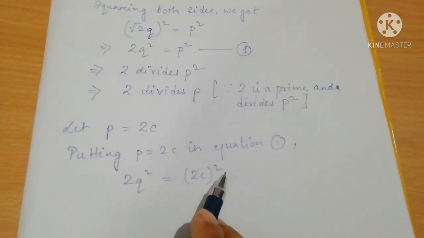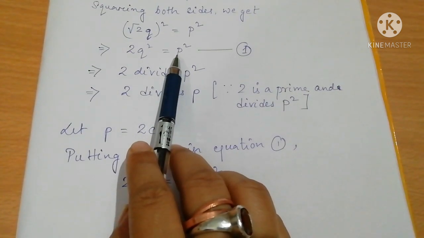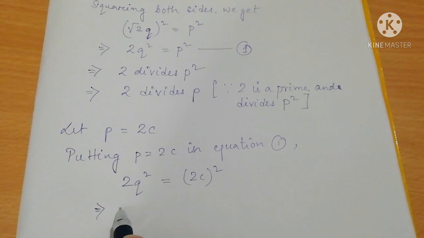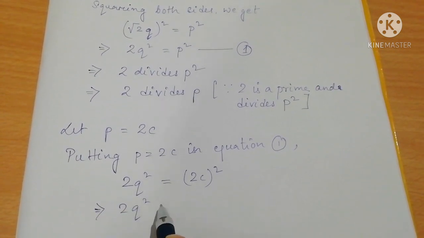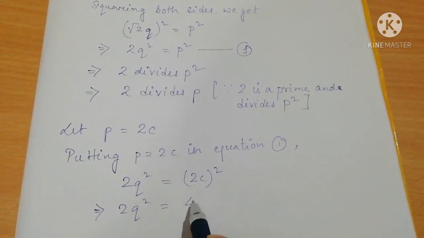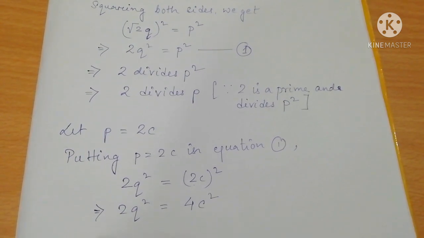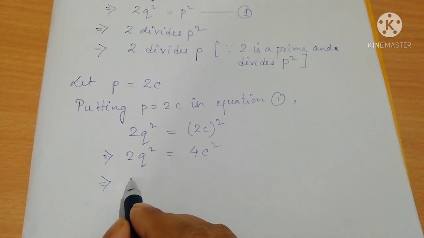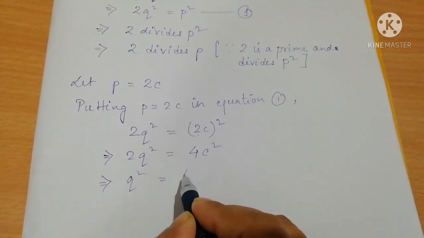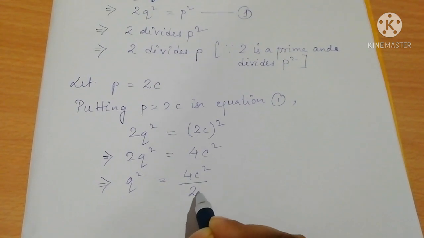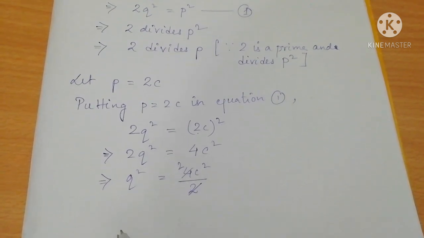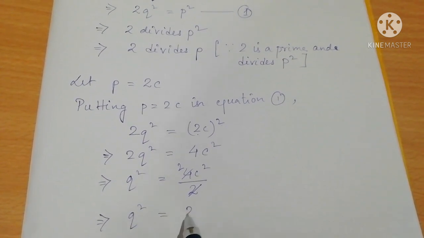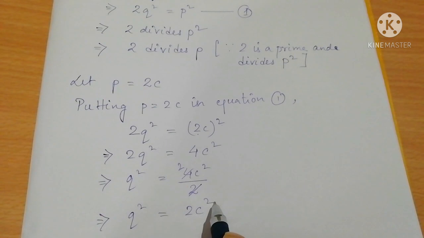Why 2c whole square? Because in place of p, I have written 2c. 2q square equal to 2 square, which gives 4c square. Then q square equal to 4c square by 2. So the 2 will cancel, and we can write q square equal to 2c square.